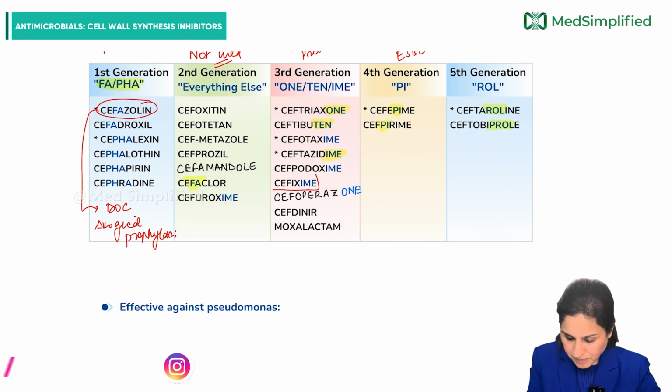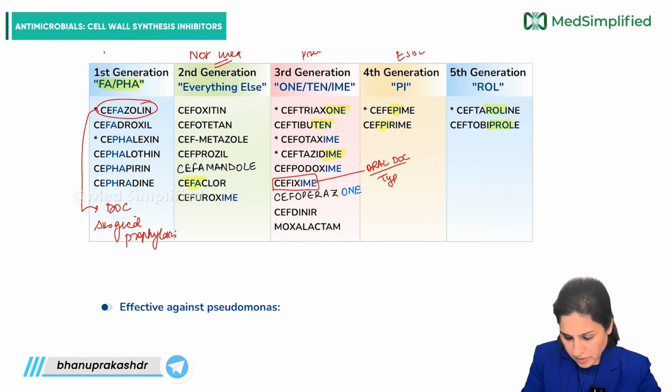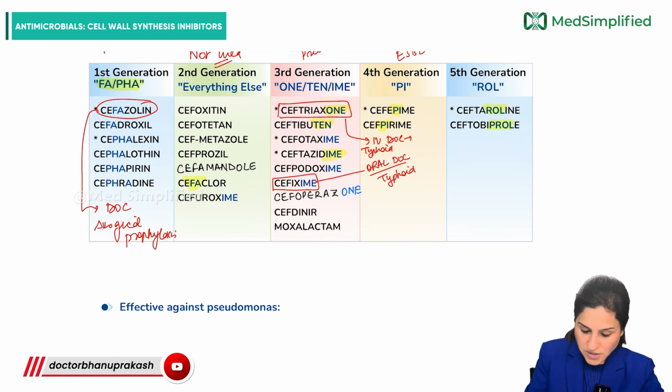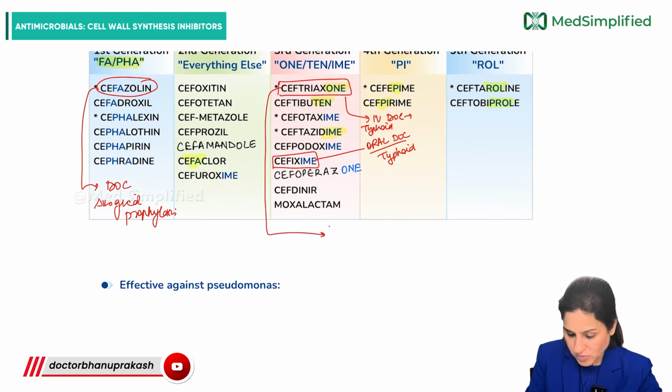Now, cefixime is the oral drug of choice for typhoid, while ceftriaxone is the IV drug of choice for typhoid. So ceftriaxone is a very, very important drug. It has other uses as well apart from typhoid.